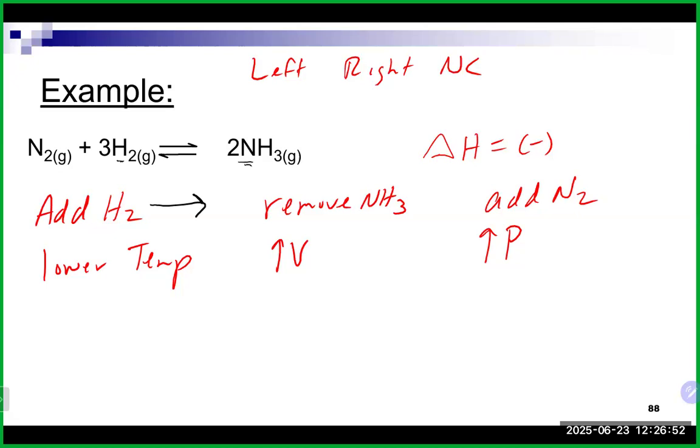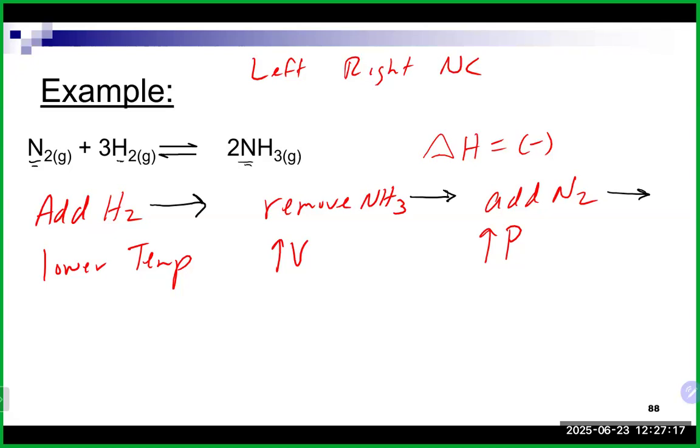So we need to go fill that hole, which means it should shift towards it. Again, in this case, we'll have more reactants than products, causing the forward direction of this reaction to occur. We're going to add some N2. Adding N2 means that we're going to go away from it, which will shift it to the right. Again, we're going to have more products than reactants, causing the forward reaction to occur.